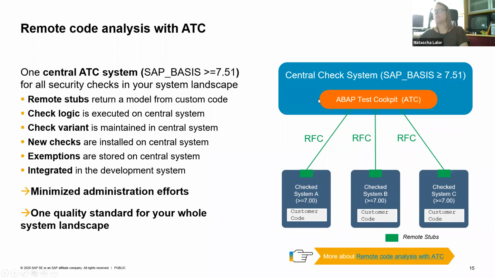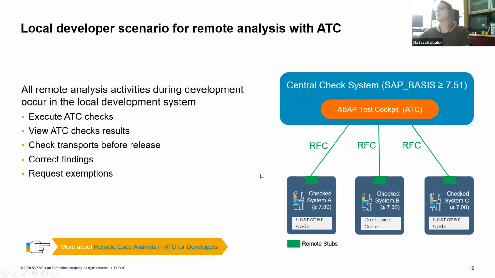You do that centrally on one system that is, well, higher than 7.5.1. I would say it's stable from 7.5.2 onwards. In 7.5.1, you still have a lot of prerequisite notes to enter. So I would say 7.5.2, 7.5.3 is one of the better choices. But yes, so that's a relatively new thing to execute these checks basically on a centralized level.